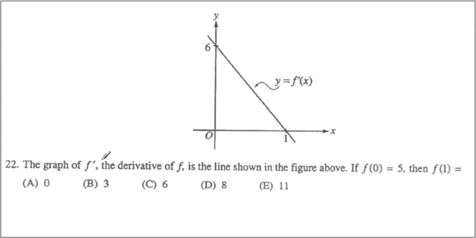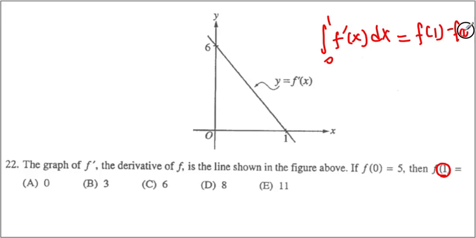All right, number 22. Notice that this is the graph of f prime. If f of 0 is equal to 5, then what is f of 1? Among many ways to figure this out, we can use the integral of f prime of x dx from 0 to 1, because those are the two values we are looking at in terms of x, which has to be equal to f of 1 minus f of 0.